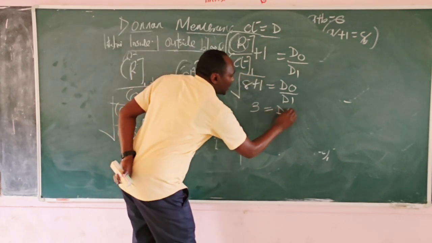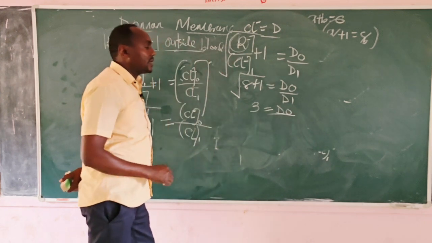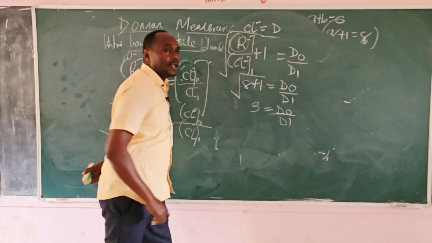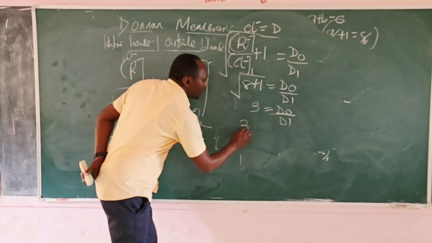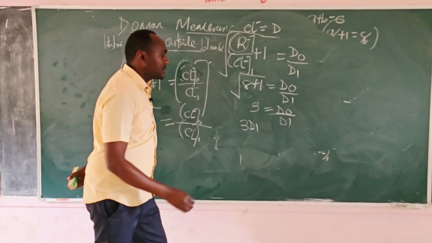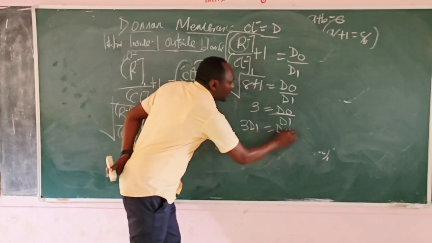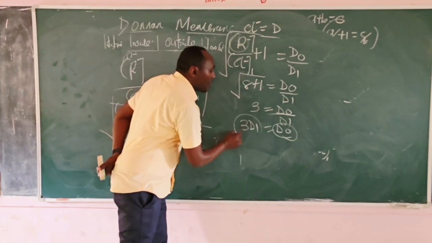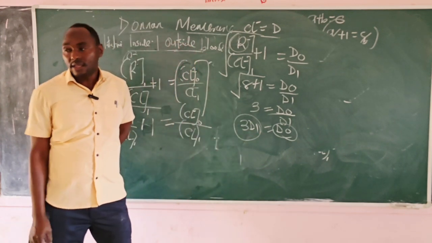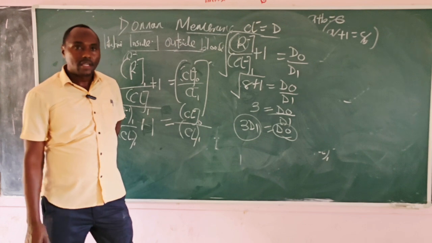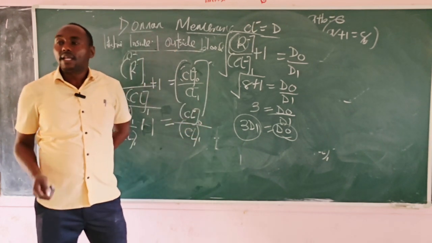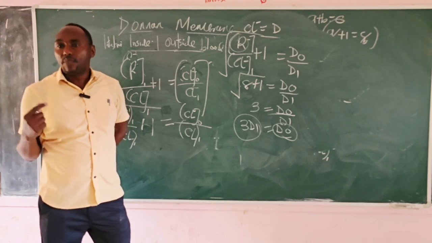It's going to be drug outside over drug inside. So if we cross multiply, then we get three times. So the drug outside will be 3 times more than the drug inside, right? This is now explaining absorption of drugs in the presence of a polymer.